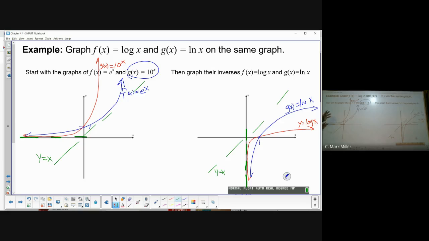And then we reflect those two about the line y equals x. And without knowing anything about their graphs, we got the graphs because we knew they were the inverses of the exponential functions. And we know that the graphs of inverses are obtained by reflecting about the line y equals x.